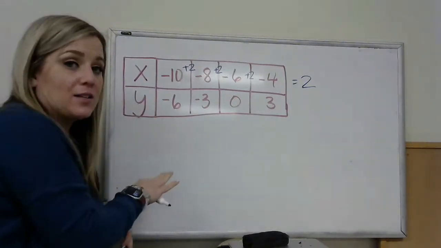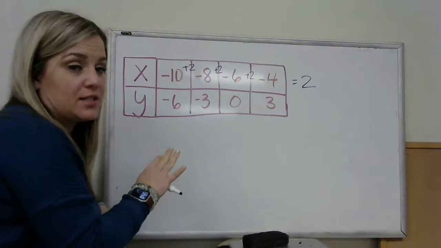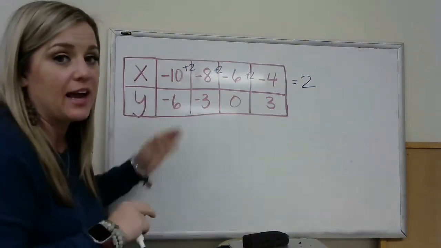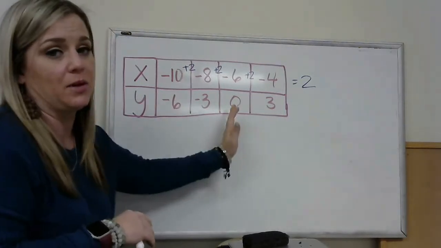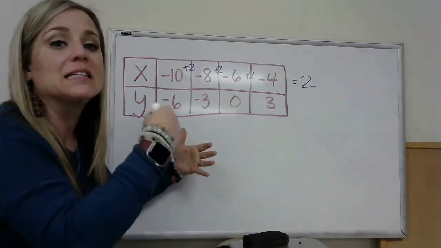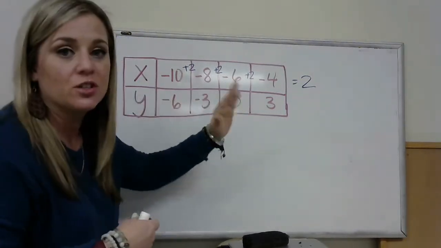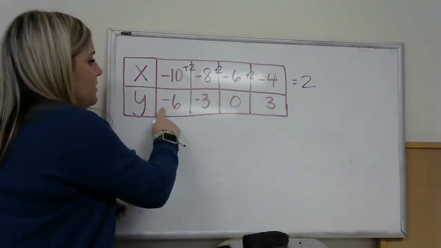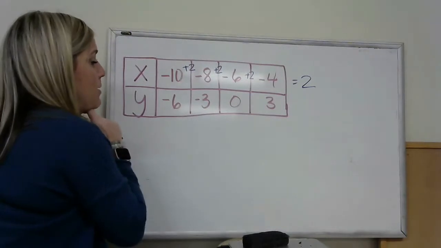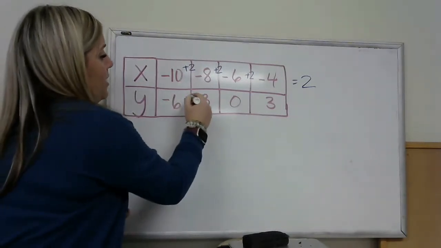Now let's look at our Y's. We have to make sure the Y's are constant too. Now the Y's don't have to be +2. It could be a different number, but it has to change the same amount each time. Okay, so -6 to -3 is +3.